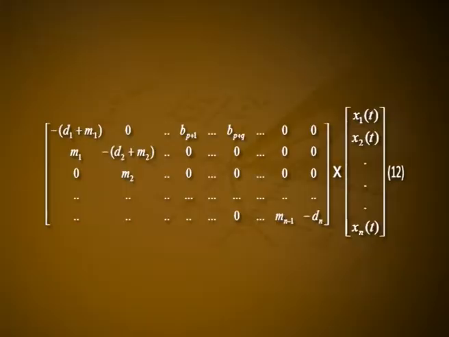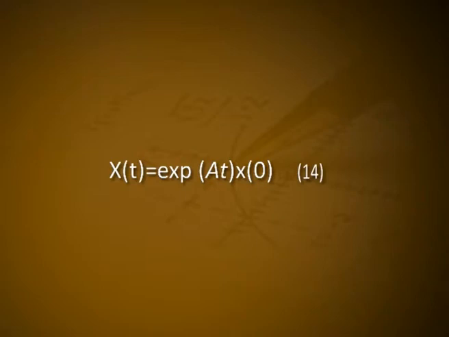Equation 12 has the solution x of t is equal to exponential A t into x of 0.